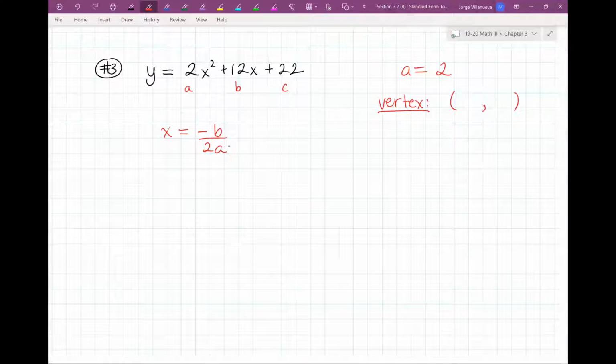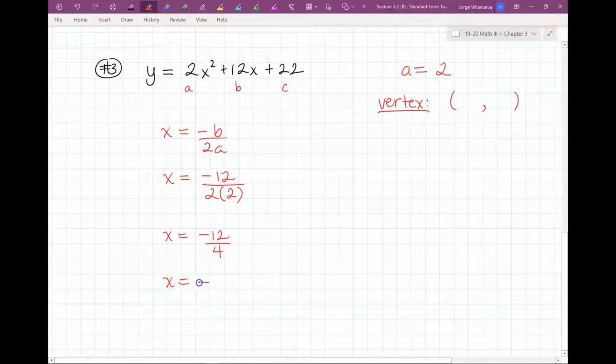Now b is 12, so x equals negative 12 over 2 times an a of 2. So that gives me x equals negative 12 over 4. And negative 12 divided by 4 is negative 3. I'm going to put it in the x position for the vertex. There it is, negative 3.